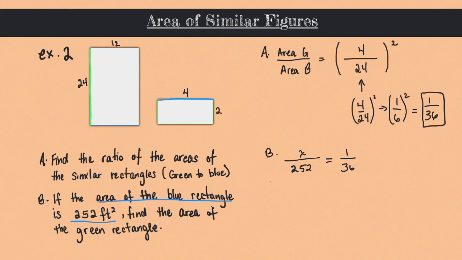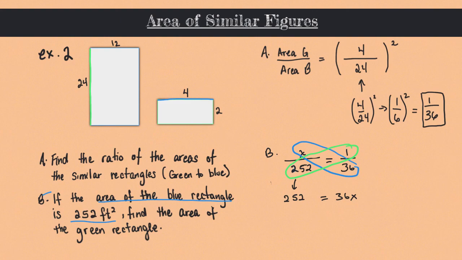Now we have a format that we're familiar with, a fraction equivalent to another fraction. Here is when we can apply cross multiplication, which states that the product of our diagonals is equal. So the first diagonal is 1 times 252, which is simply 252, and that is equal to 36 times x, which is 36x.